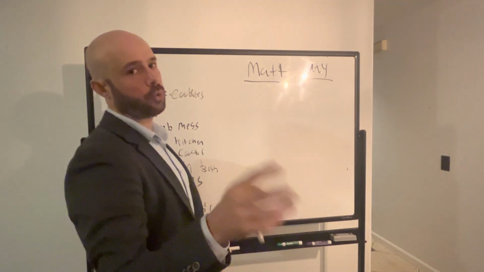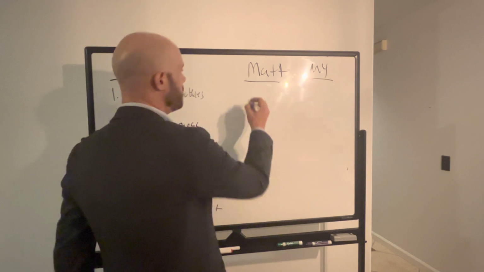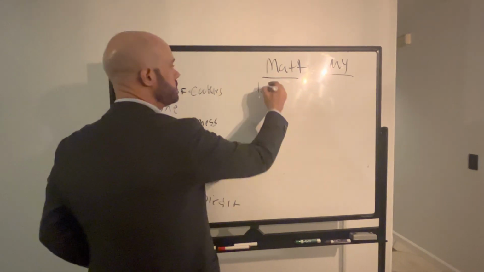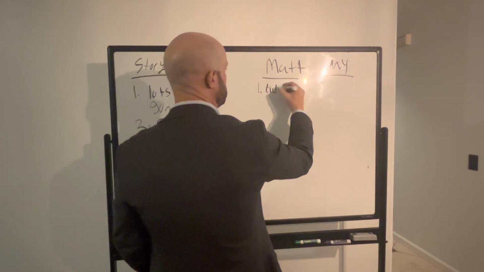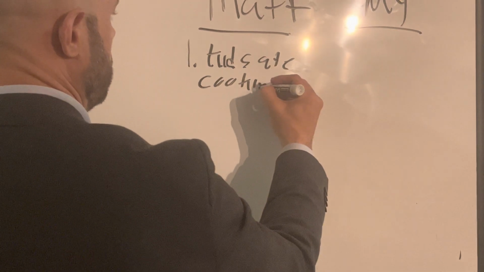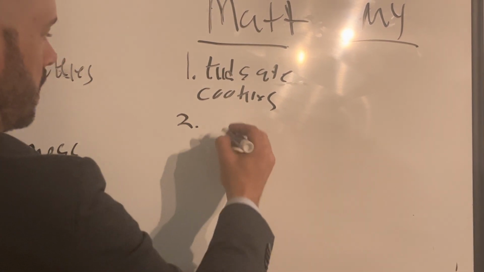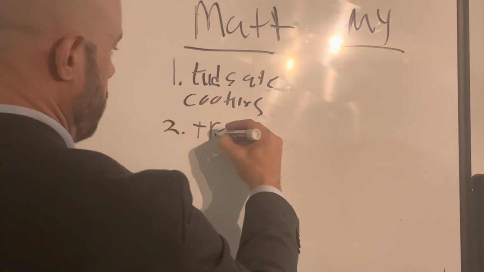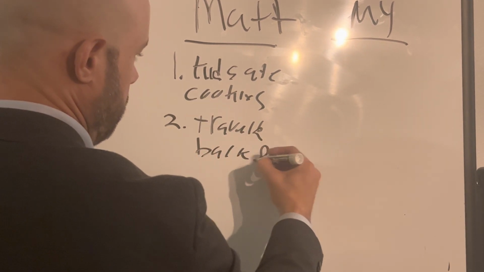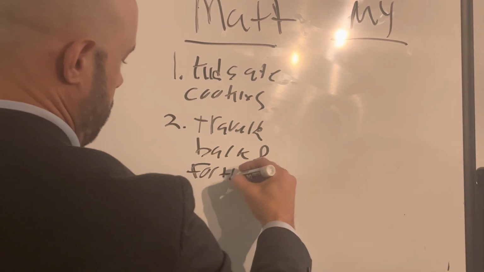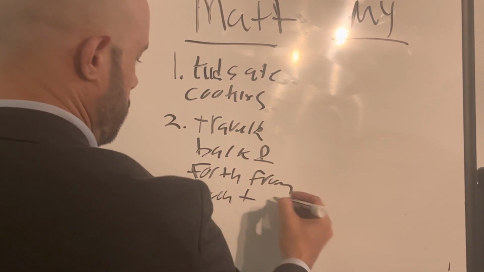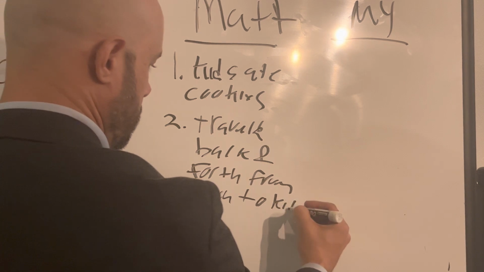So Matt's explanatory tool is that kids ate cookies, to travel back and forth from couch to kitchen.